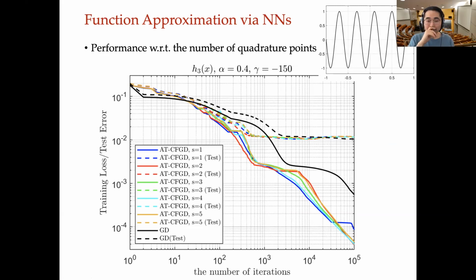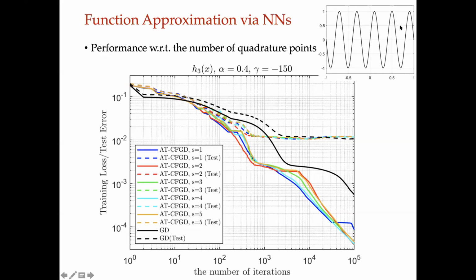Can I ask a question? Sorry for my stupid question, but how do you choose the kernel of your fractional gradient descent? You are introducing a specific fractional gradient descent. Is it Caputo? You said that's a Caputo derivative.